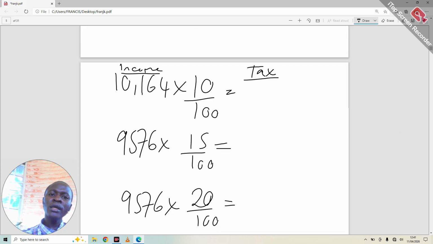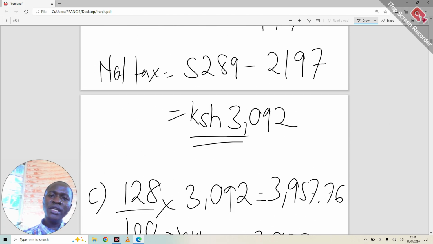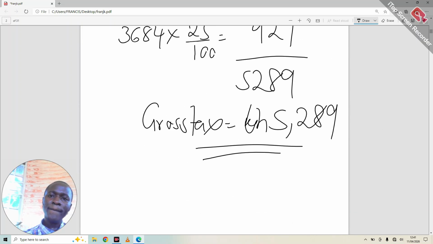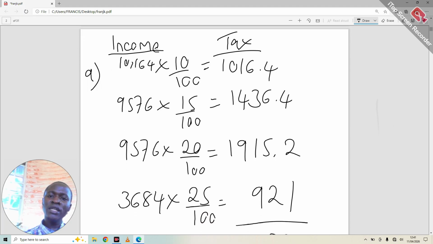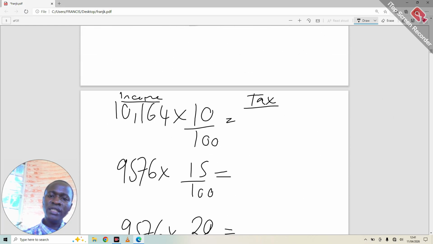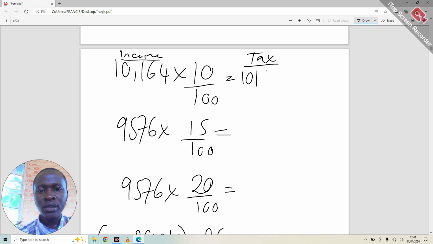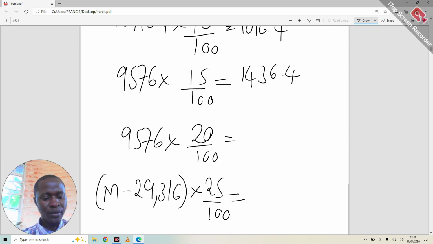Now 10,164 multiplied by that other, we had already gotten them. So let me just have them. So we have 1016.4, 9576 times 15 over 100 we have 1436.4.